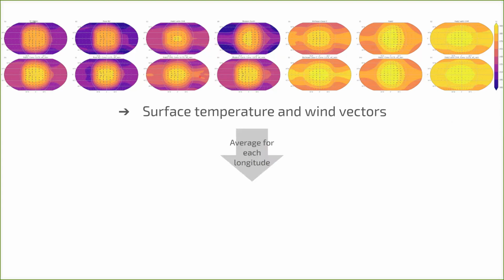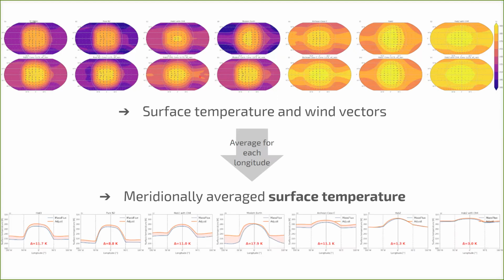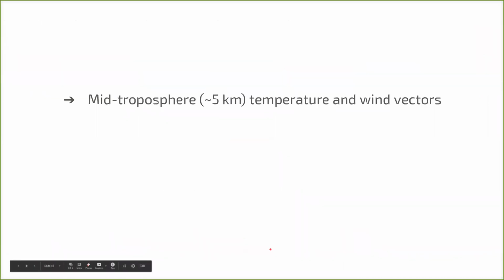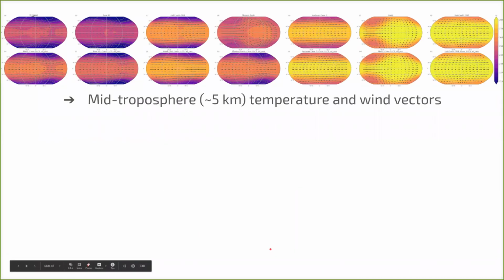You can see this more clearly if we average the surface temperature for each longitude, which gives us the zonally averaged profile. And this figure at the bottom shows that using the adjustment scheme results in an overall increase in surface temperature for all 7 atmospheres. The increase in temperature also is seen in the mid-troposphere, which is shown here, along with the wind vectors at the same level.